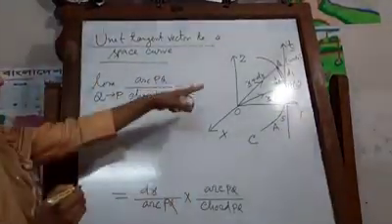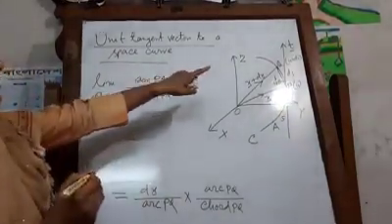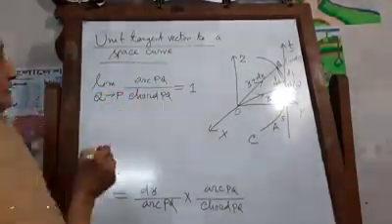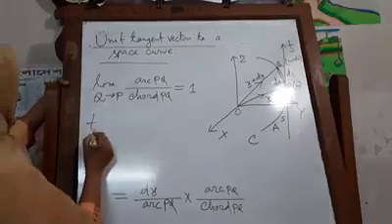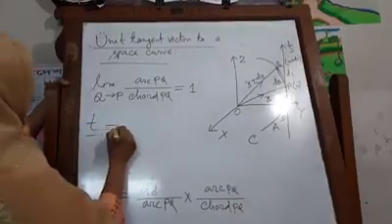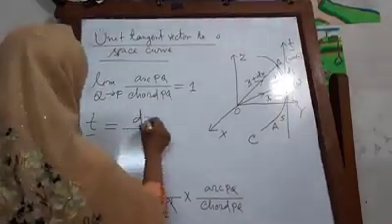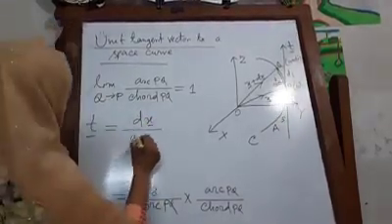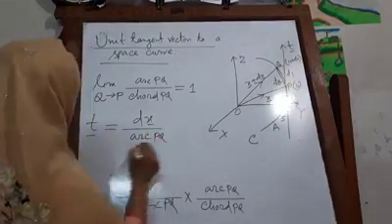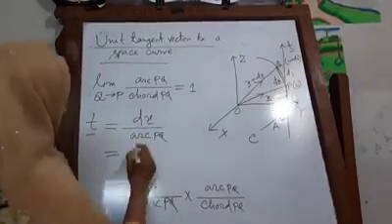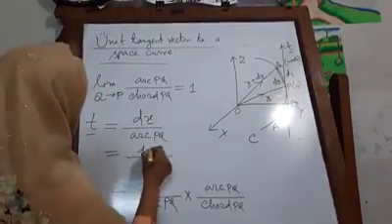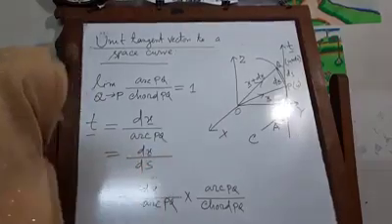If T is a unit tangent vector, then we find T is equal to δx divided by arc PQ. Arc PQ means δs. So δx divided by δs.